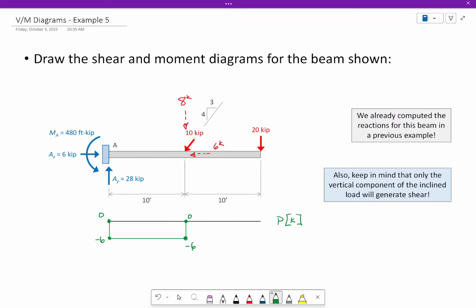But that's what the axial force diagram would look like, that we're experiencing a compressive force in part of the beam, but out here, there's nothing on the beam that's squishing it. Okay? That's an axial force diagram.